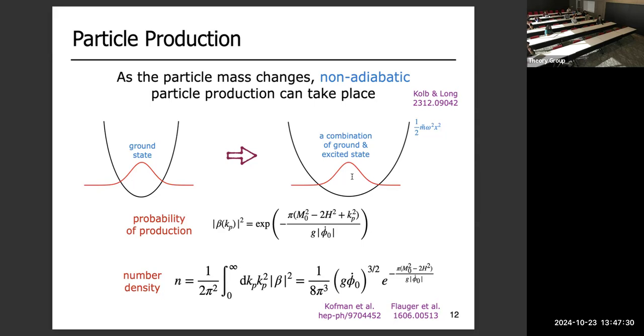But then this gives you the probability to produce a particle with some physical momenta kp, and you can just iterate over it to get the number density of these produced heavy particles. It of course carries the exponential suppression from before, along with some prefactors.